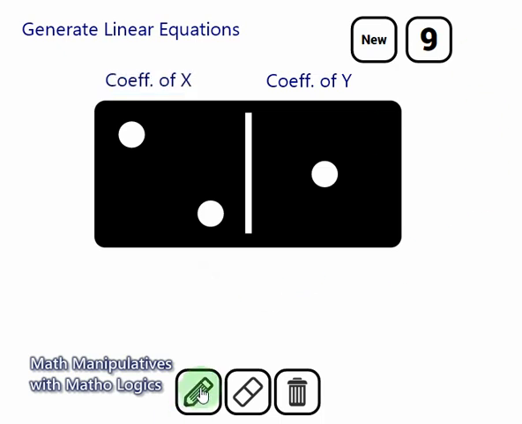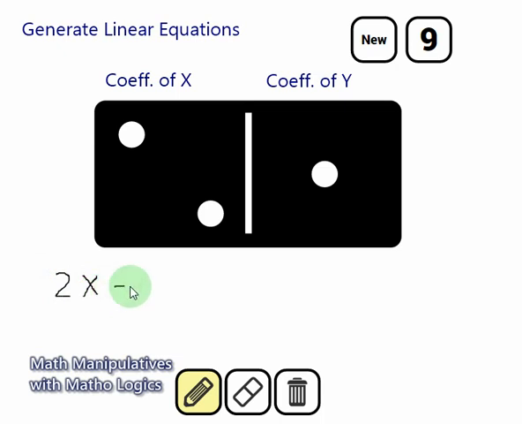So if I take this x along with these two dots as the coefficient of x, I can write 2x, right?